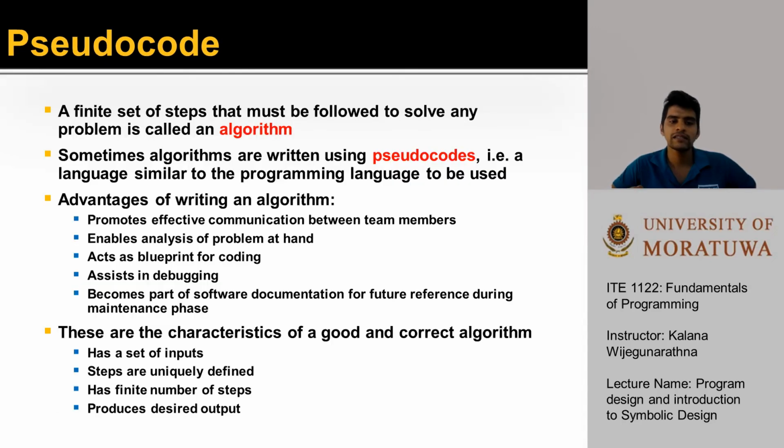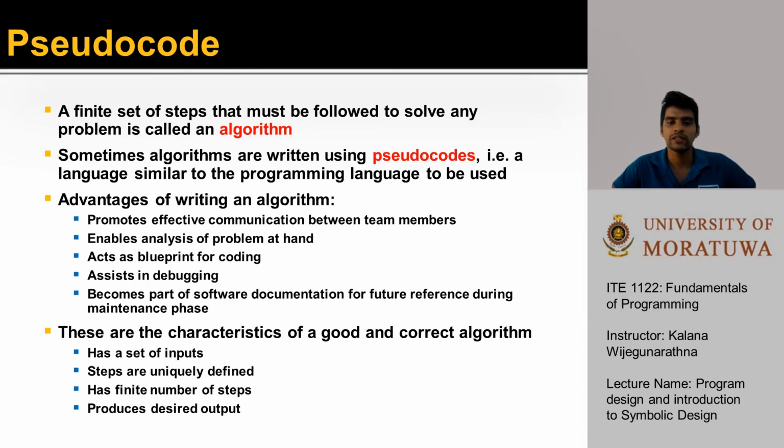A finite set of steps that must be followed to solve any problem is called an algorithm. Algorithm is generally developed before the actual coding is done. It is written using English-like language so that it is easy to understand even for non-programmers. Sometimes algorithms are written using pseudocode.